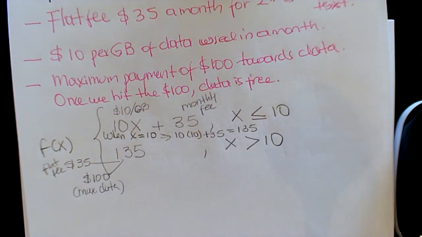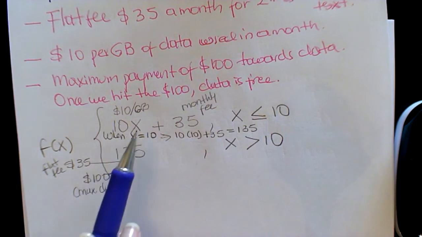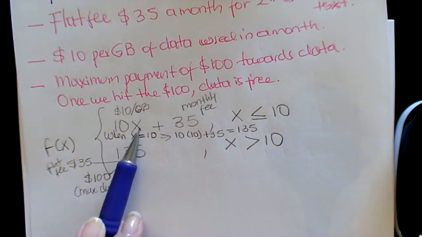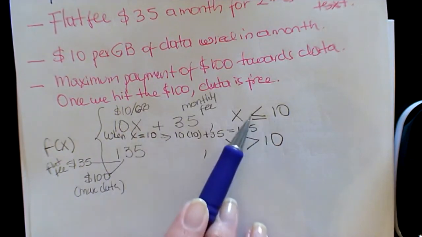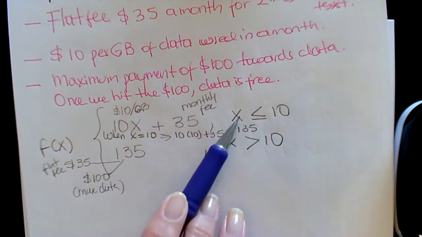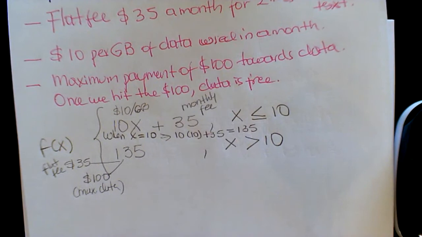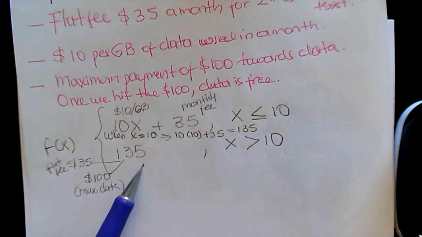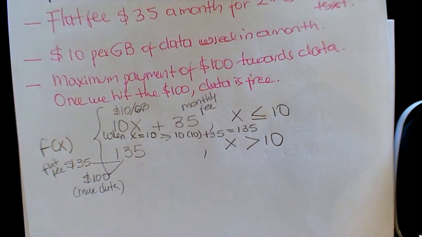All right? So I need to use at least 10 gigabytes because I pay $10 per gigabyte. So I need to be at 10 or less. And if I go over the 10, I'm still gonna pay the 135.